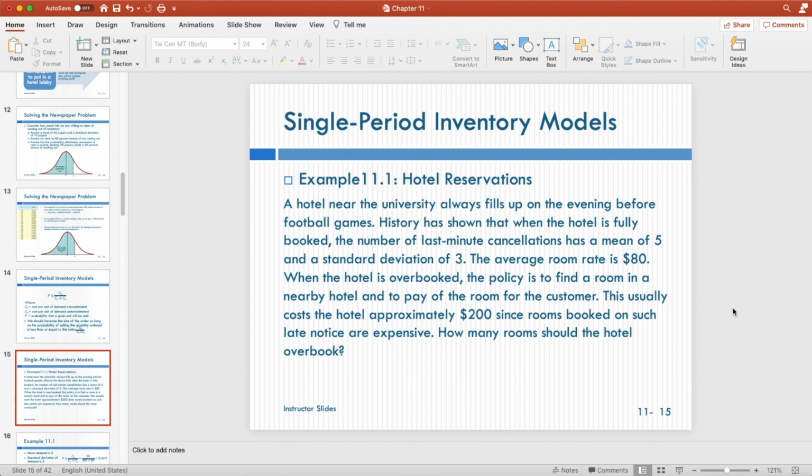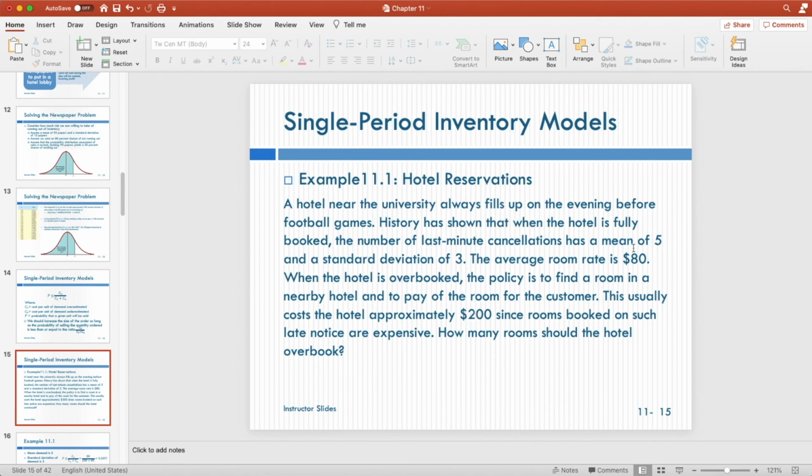If you don't overbook, you lose some profit opportunity because some rooms may be empty due to late cancellations. But if you overbook too many and most of them come, you will pay $200 for their arrangement fee.